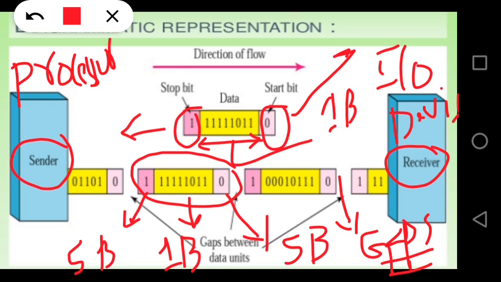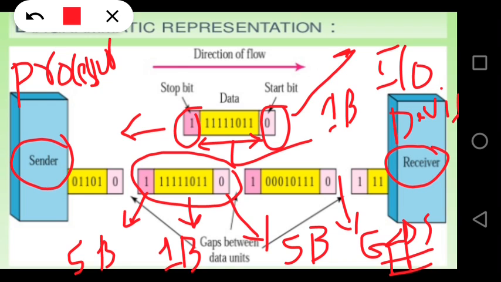Can you imagine what could be the problem with asynchronous data transfer? Yes, if the start bit is lost during transmission, then there is no way for the receiver to know that it is going to receive data. This is called a transmission error.